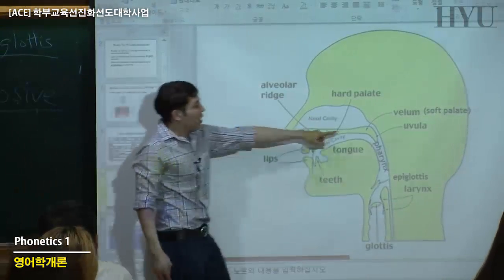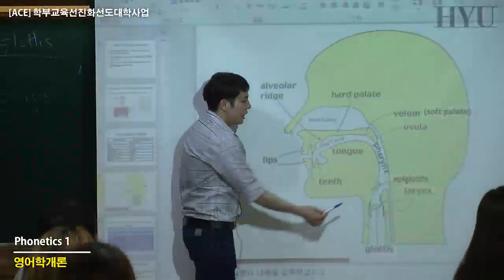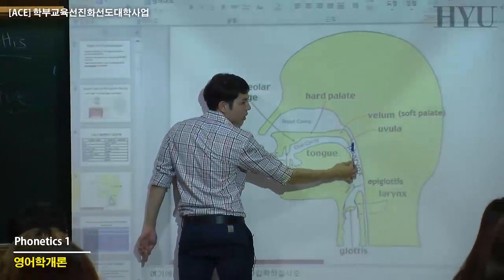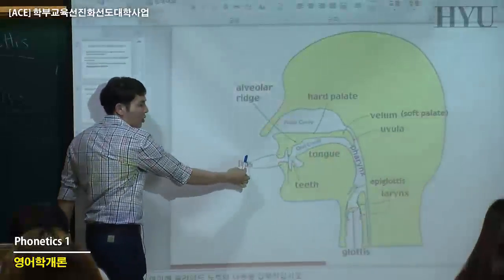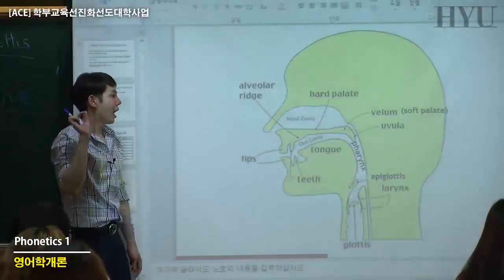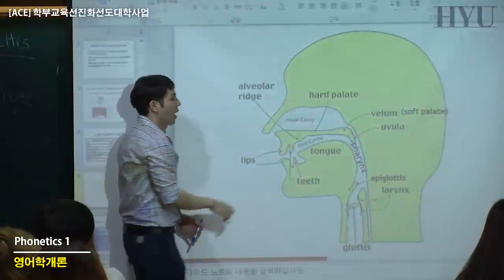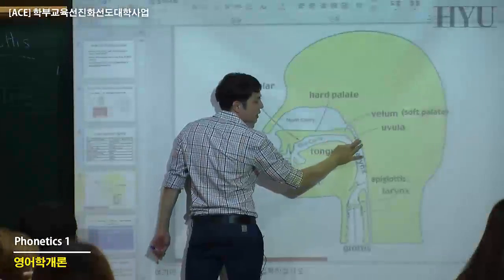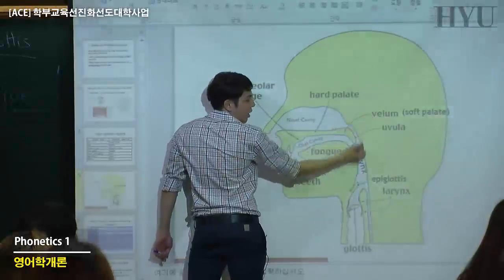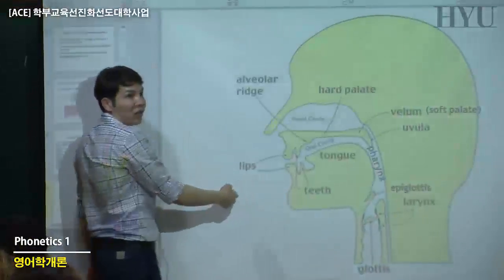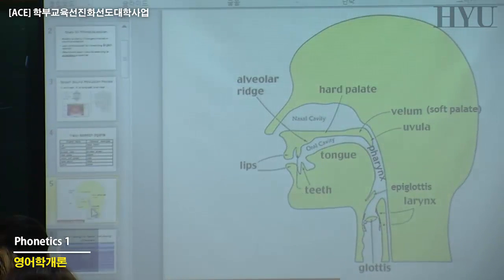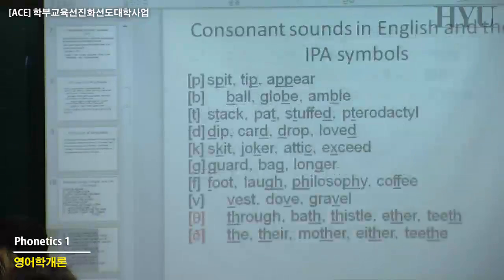When the uvula is lower like this, the air can pass through this passage, you see? And then come out through the nose. So that's the nasal manner. But if this part is raised up so that it blocks here, the air can only come through the mouth. So depending on the state of the uvula, you will have nasal sounds or not.